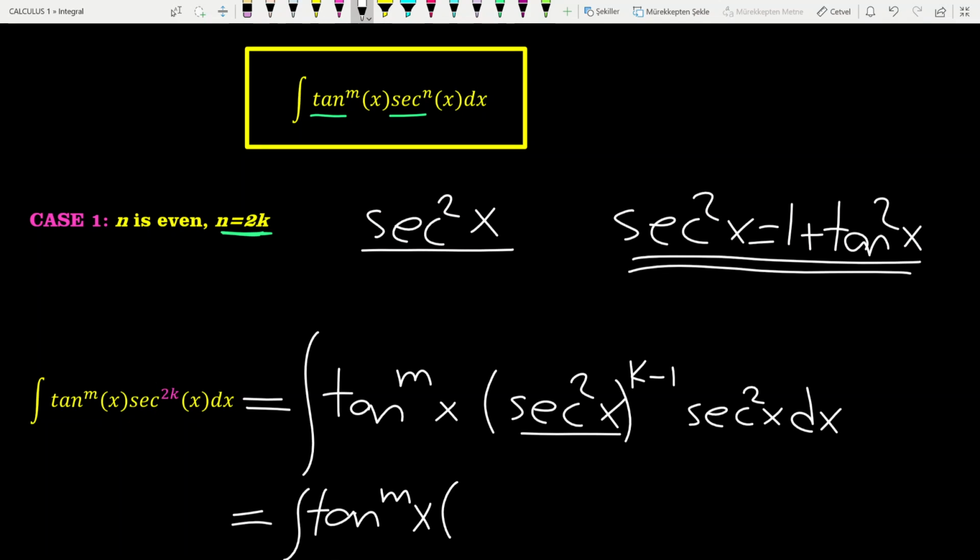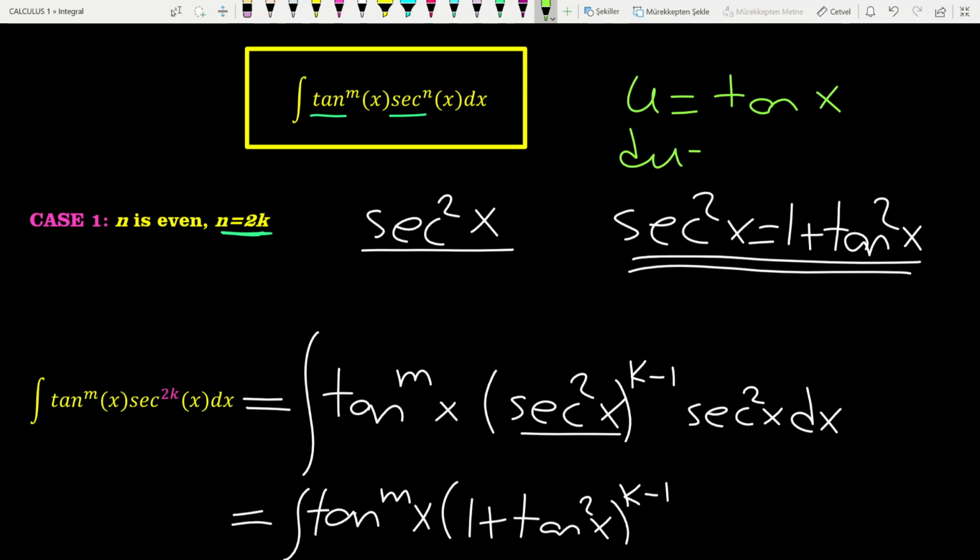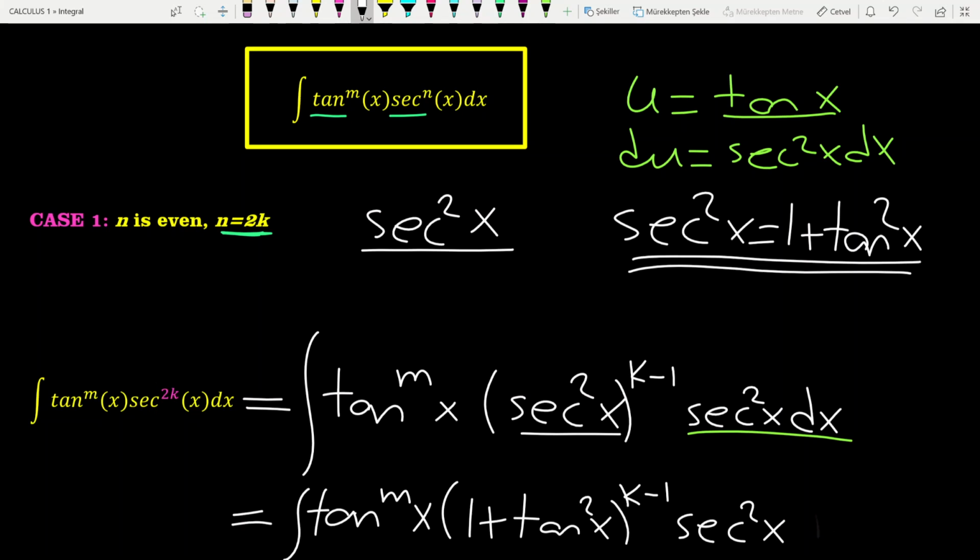Instead of secant squared, I have 1 plus tangent squared x to the power k minus 1. And if you use u-substitution, if you say u is equal to tangent x, then du becomes the derivative of tangent, secant squared x dx, so this part becomes du. But now I don't apply u-substitution. I only write the rest of the expression as secant squared x dx.